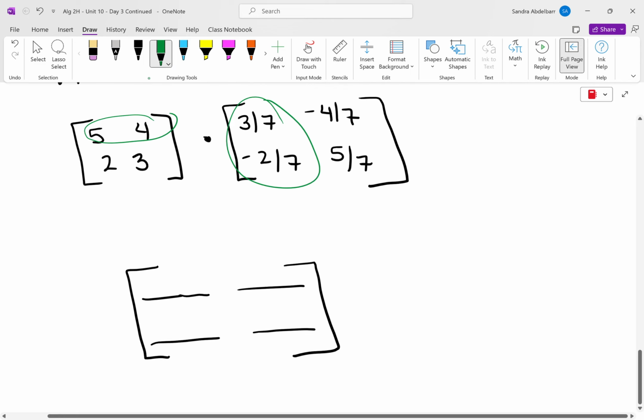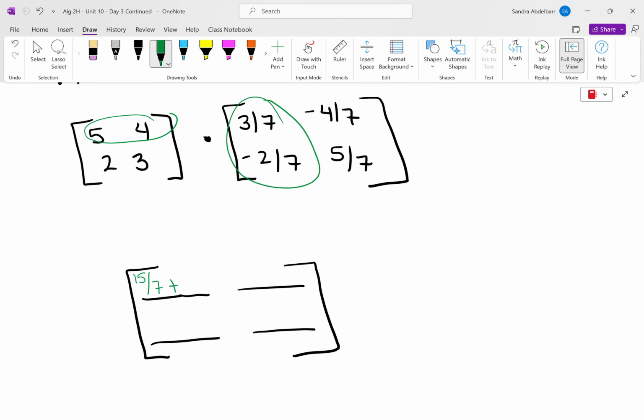All right, so I'm going to go ahead. I'm going to multiply this times this. So I'm going to have 5 times 3 over 7, which is going to be 15 over 7, plus 4 times negative 2 over 7, which is negative 8 over 7. Move on to this one. 5 times negative 4 over 7 is a negative 20 over 7, plus 4 times 5 over 7 is 20 over 7.